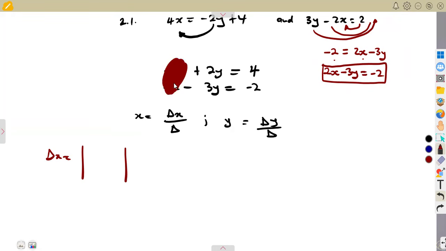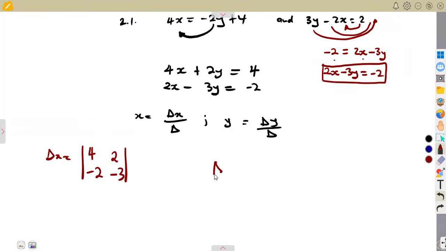You close this part where we are having x, substitute with the constants. So we are going to substitute minus 2 in place of x. The part of y is going to remain as it is. You take the coefficients, that's 2 and minus 3.